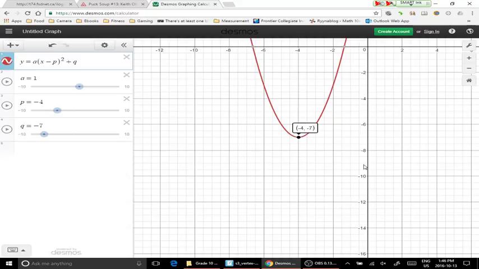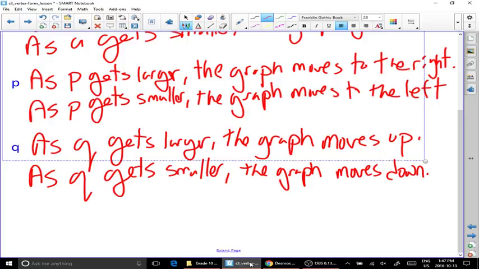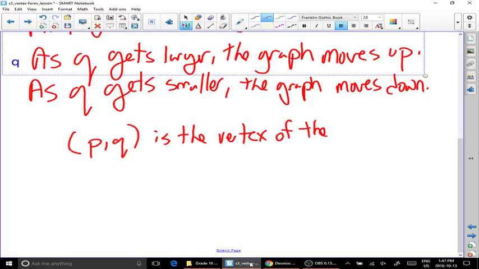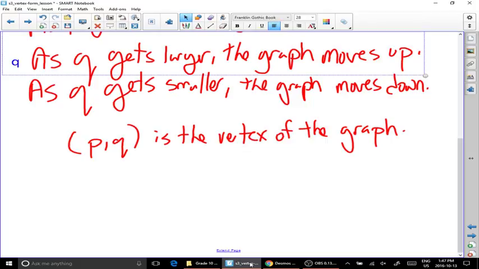It's no coincidence. This is why it's called the vertex form of the graph. The vertex of a parabola has coordinates p and q. So we can say that (p, q) is the vertex of the graph. Okay? (p, q) represents the vertex of the graph.